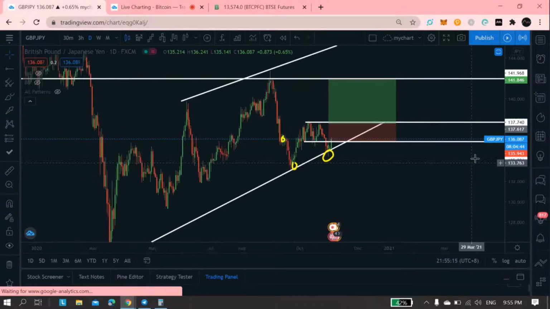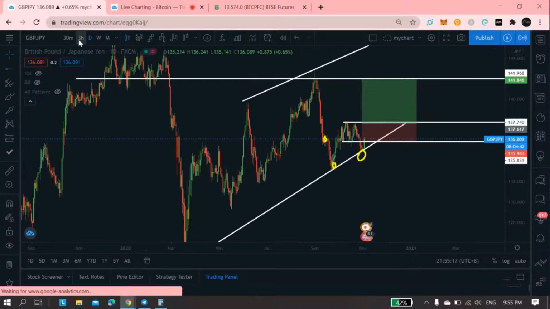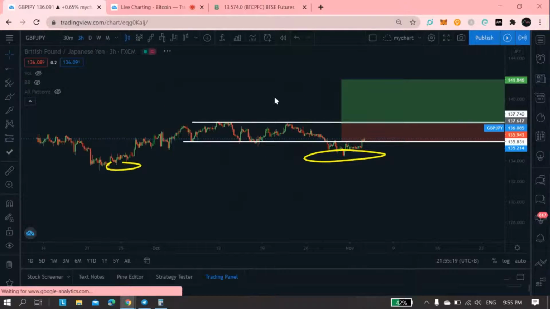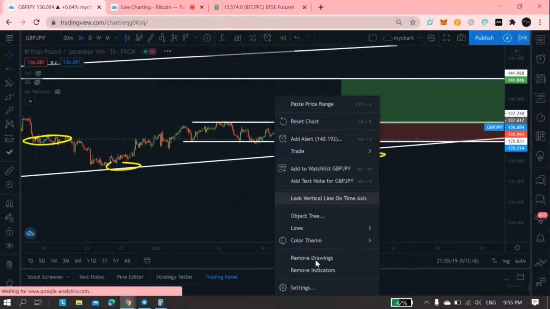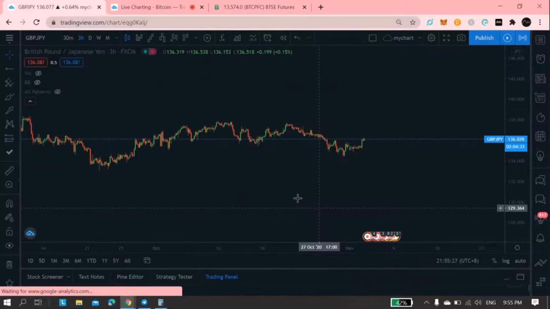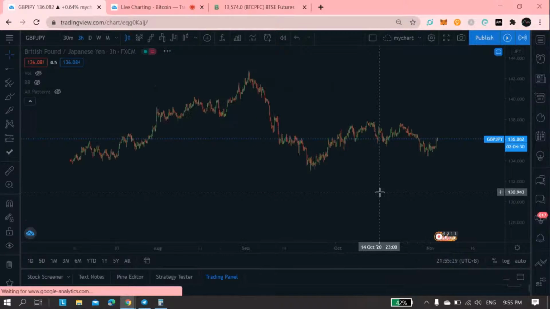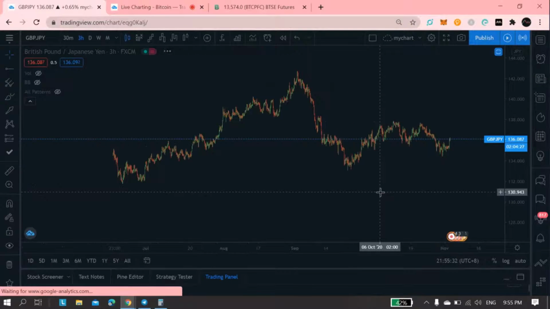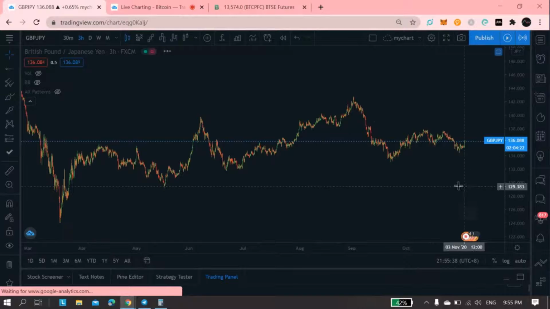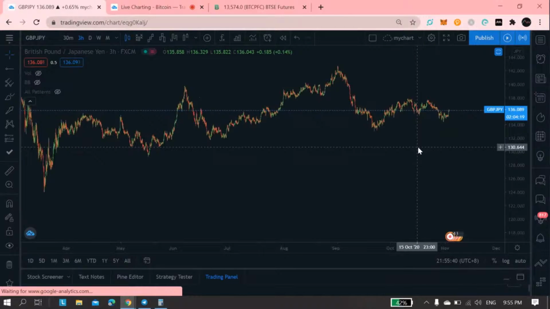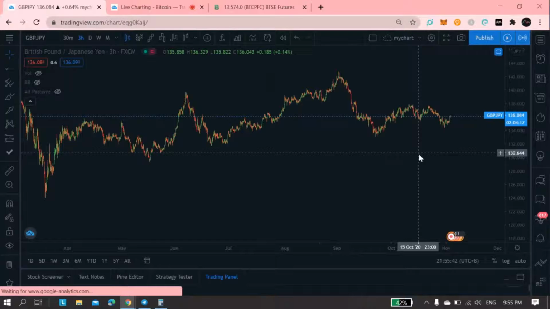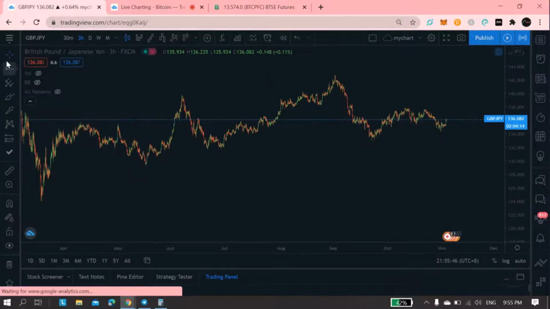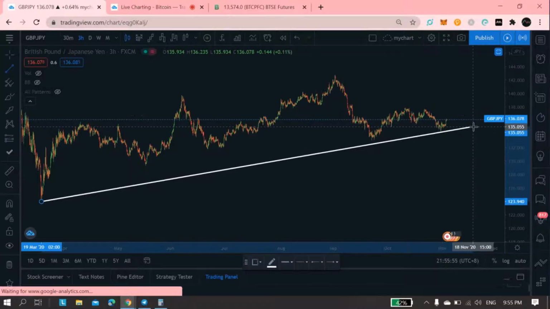Anyway, let's look at the 3 hours time frame, and let's remove the drawings. So I think they are almost the same.